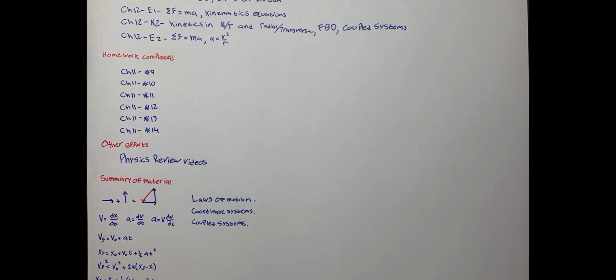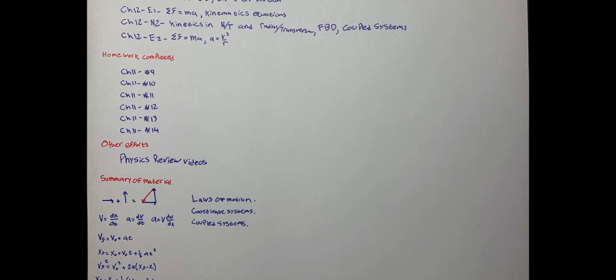Number 10 is similar. There's a halftime football show, there's souvenir balls that get thrown at the spectators, and we're just supposed to find if the balls are going to land between point B and point C, and what the velocity needs to be thrown to find that.